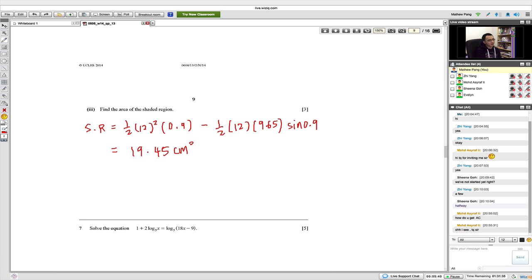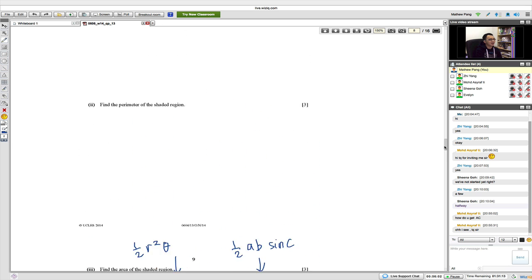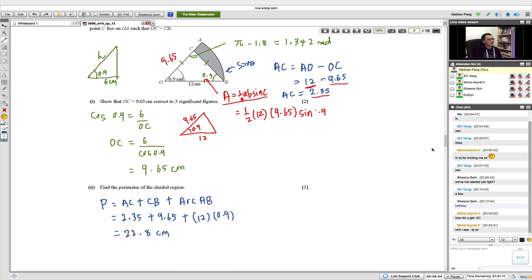Okay, this is how we find the shaded region. You just need to remember the formula. The sector will be half r squared theta. The triangle will be half AB sin C. Alright, so I just apply. And of course you have to understand the diagram, where you take for AB or r squared or the angle.